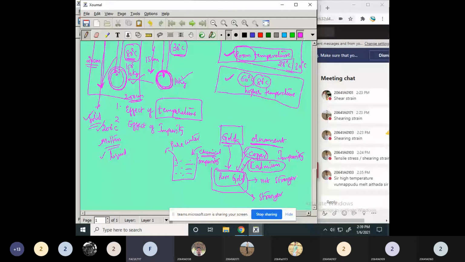Whatever small quantities you add to the original material will result in a change. What type of changes you can expect? It is regarding the mechanical properties. Mechanical in the sense, here I mentioned it as the strength. The strength will be increasing. So that is one of the effects that you are going to consider here. The first one is the effect of temperature. The second one is the effect of impurity. Now let us see other effects.